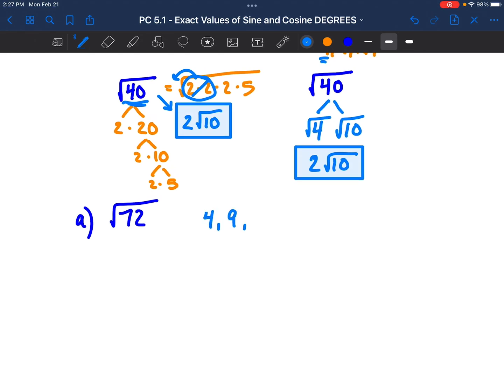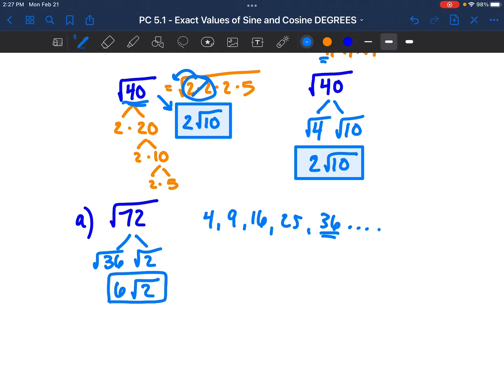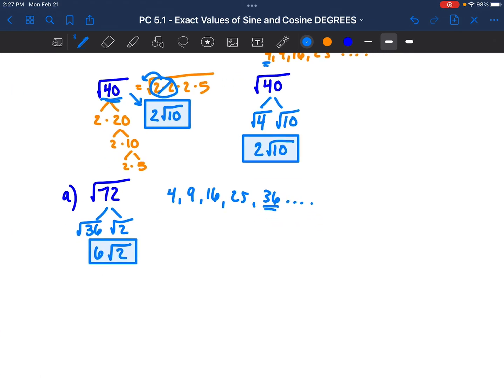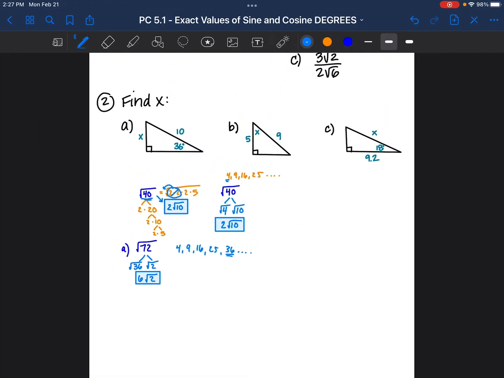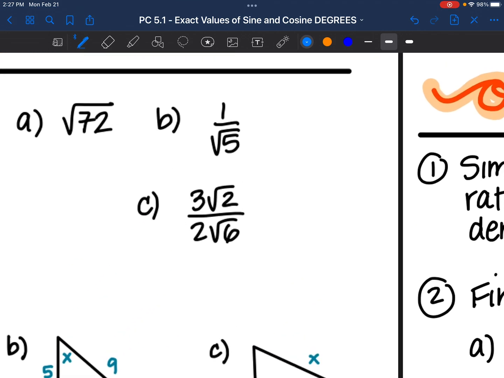So once again, 4, 9, 16, 25, 36, and so forth. 9 does divide into it, but the biggest perfect square is 36. If you notice that, 36 times 2, you can simplify right away as 6 square root 2. You can also do the long factor tree. This is a little bit more work. All right, so that was part A.